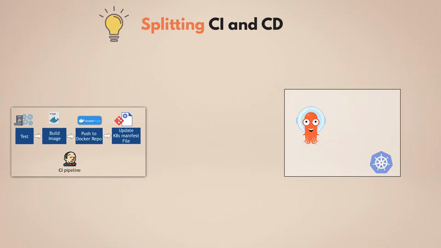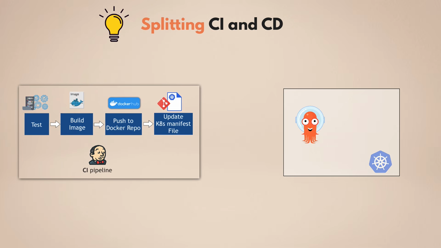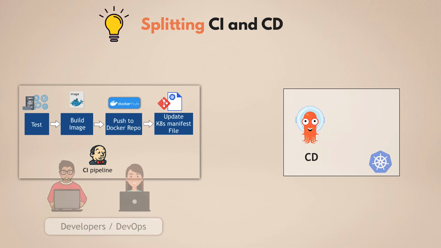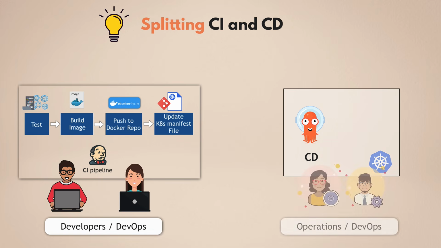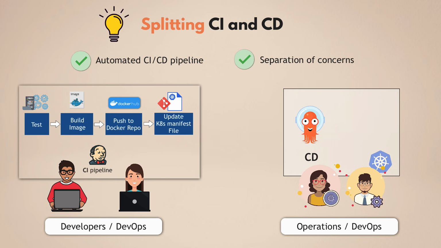And as a result, we end up having separate CI and CD pipelines, where the CI pipeline is owned mostly by developers and configured on Jenkins, for example, and CD pipeline is owned by operations or DevOps teams and configured using ArgoCD. In this way, we can still have an automated CI/CD pipeline, but with a separation of concerns, where different teams are responsible for different parts of that full pipeline.